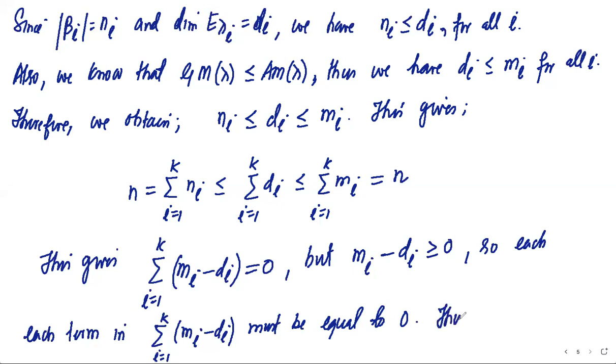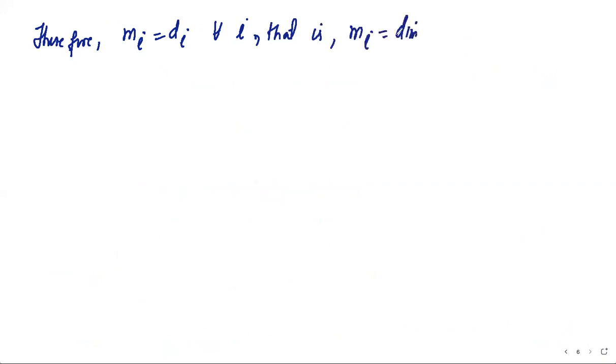Thus, mi minus di is equal to 0 for all i. Therefore, mi is equal to di for all i. This mi is the dimension of the eigenspace corresponding to lambda i. So therefore, we have proved one side of the theorem.